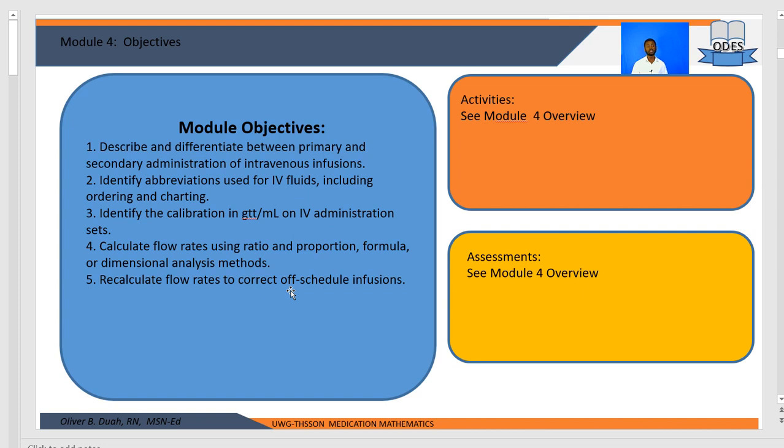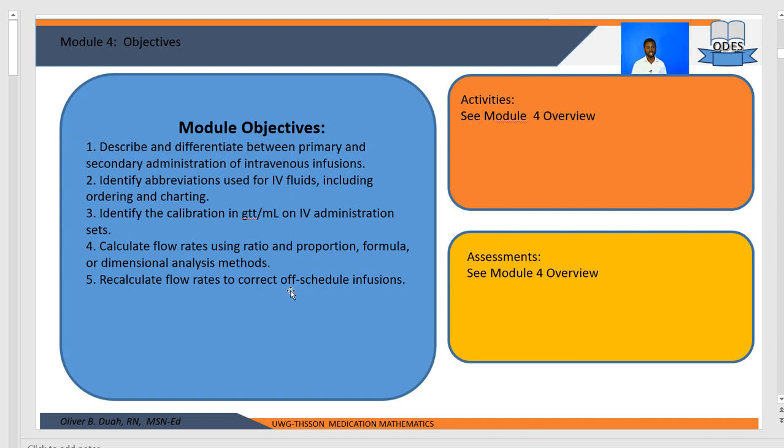You should also be able to identify the calibration in GTT per mL, which is also known as the drop factor. So when you pick an IV set, you should be able to identify the drop factor that has been printed on the IV set. Then calculate the flow rate using any of these methods, the ratio and proportion formula or dimensional analysis methods.